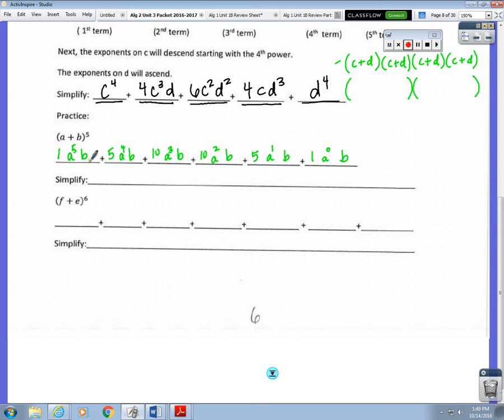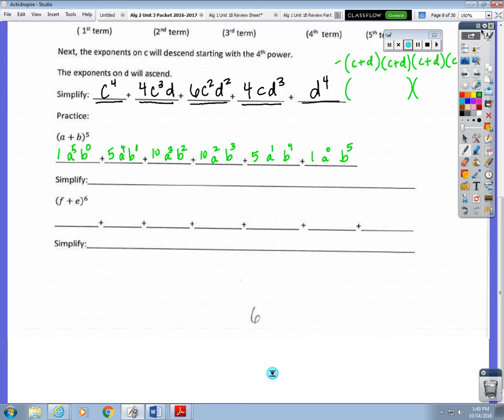B does the opposite. Because remember, they have to add up to 5. So it has to start out at 0, then 1 to make 4 and 1 to 5, then 2, 3, 4, 5. From there, you just simplify, which means basically rewrite it, but don't write what's understood. So what's the only thing I need to rewrite out of this first term?